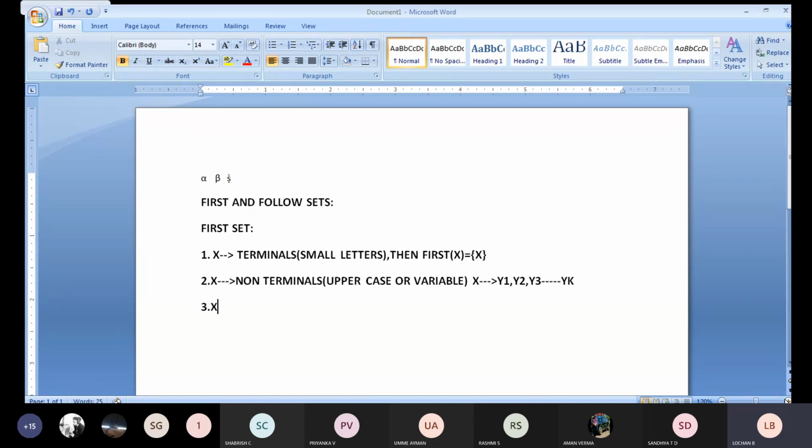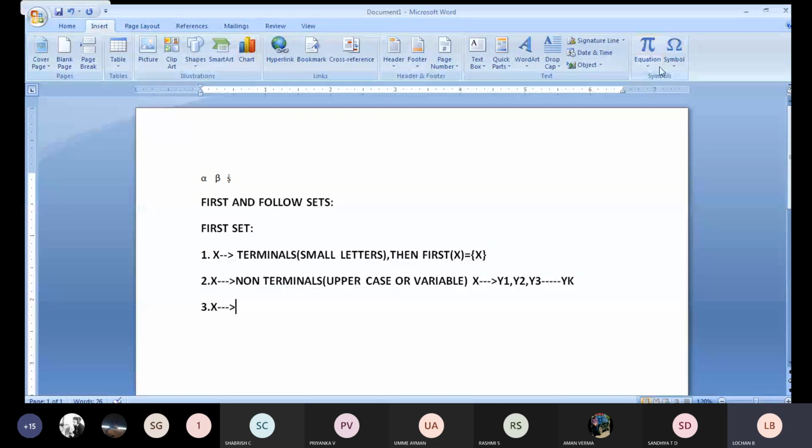If it is epsilon, then we add epsilon to first of X. These are the three conditions you will be getting in the first set. I understand you have not understood anything, I know that. While solving the problem, we will be using this particular thing so that we will be applying it.